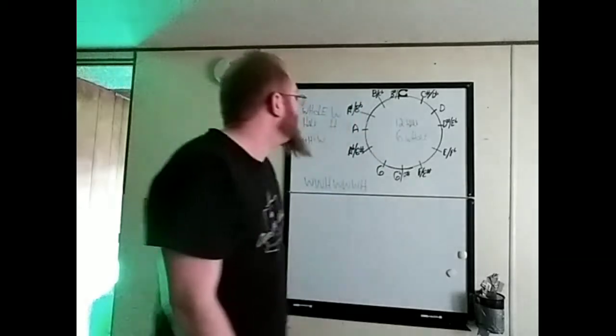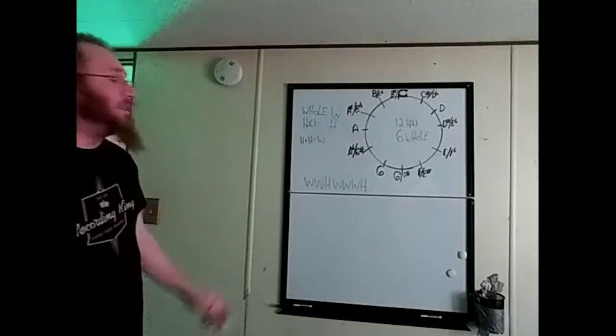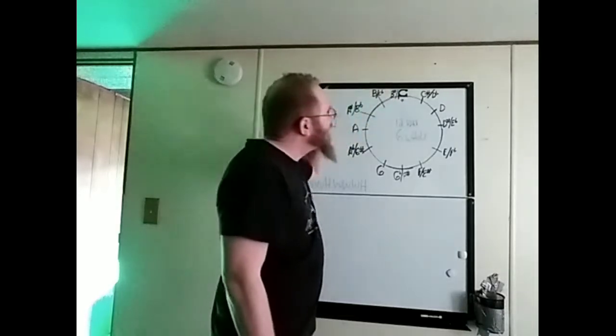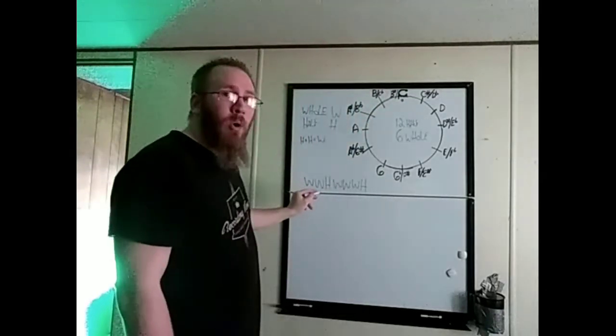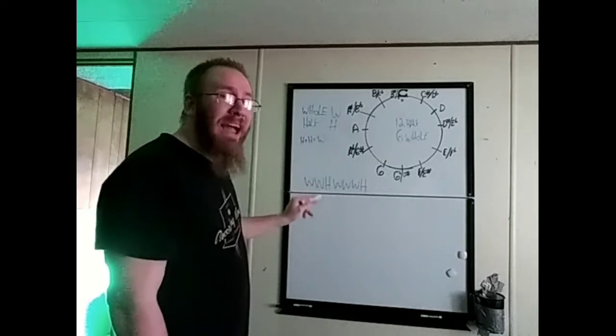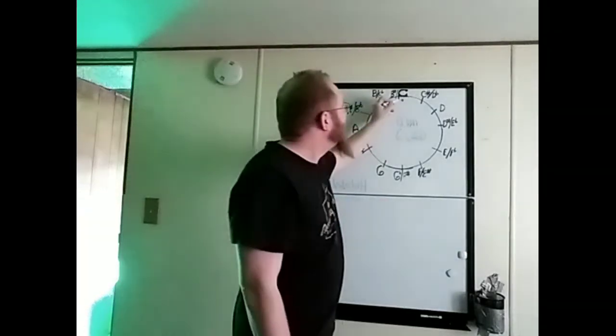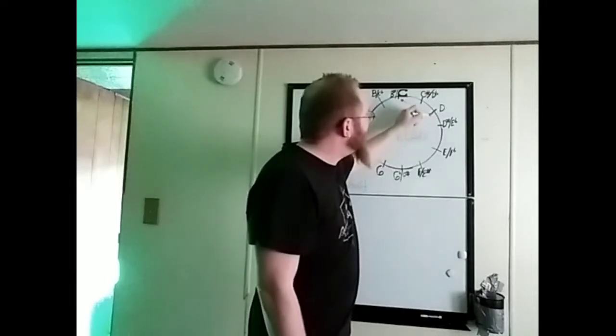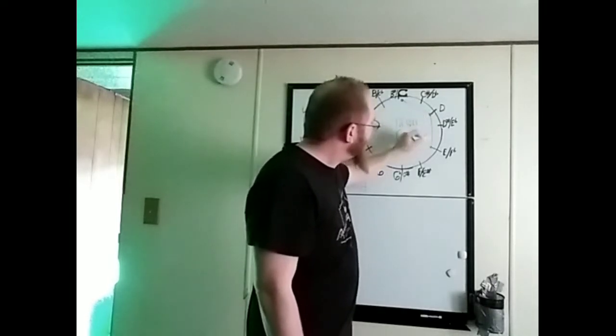Now, if we start at C, which is right here, and we do this pattern, whole, whole, half, whole, whole, whole, half, we come up with this. You got C to D, that's a whole step. D to E, that's a whole step.